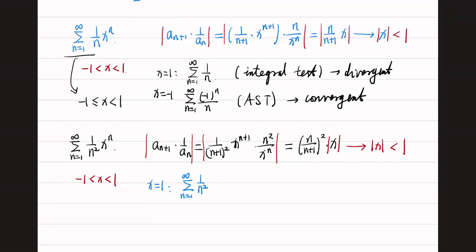Convergence or divergence? What test do you apply? Okay, integral test. So by the integral test, we know it is convergent. At the other endpoint, -1, we have this series. Convergence or divergence?